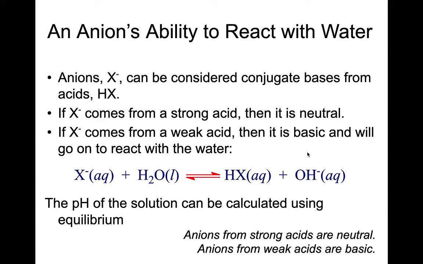And we could calculate the pH of this solution using equilibrium principles, just like before. So the big takeaway from this slide to remember is that the anions that came from strong acids are neutral. Anions from weak acids are basic. Keep that in mind for our example problem later.